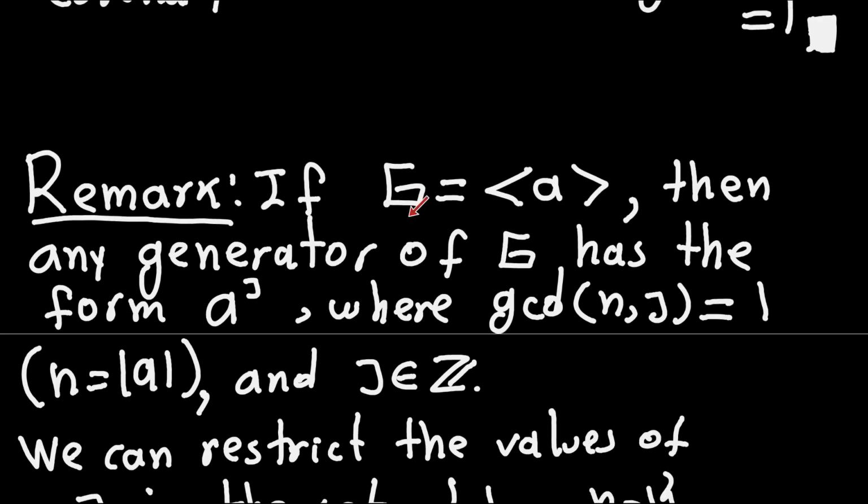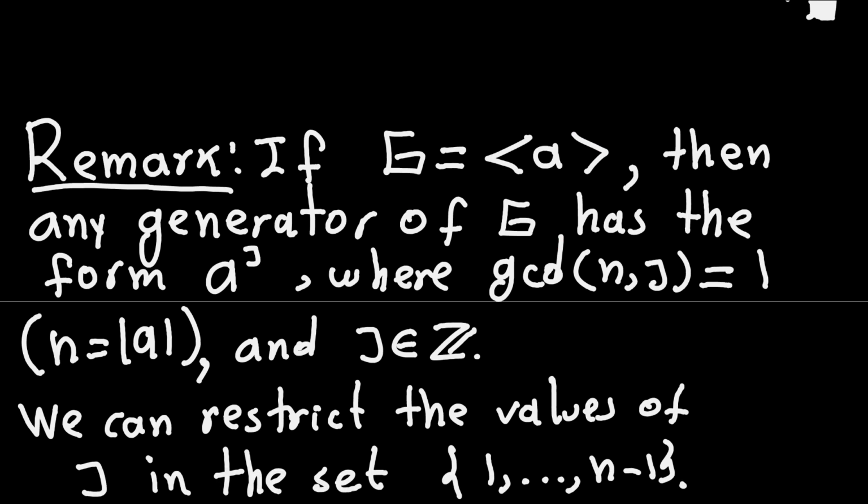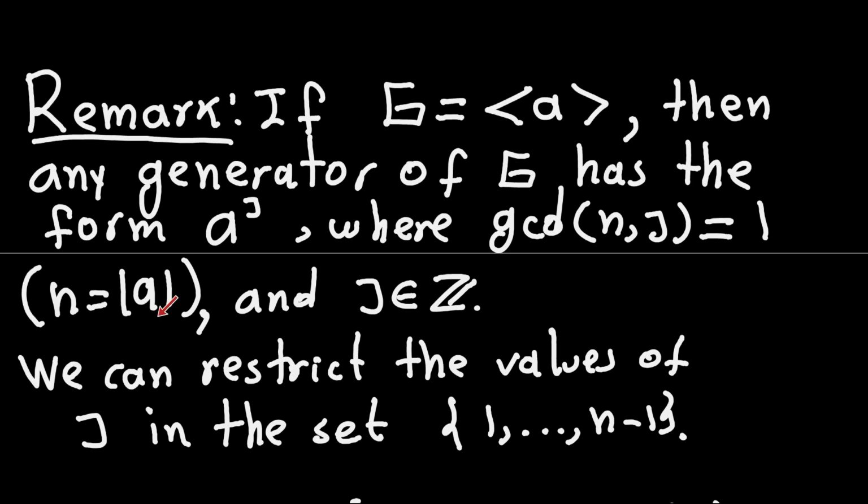So if you have a group that is cyclic, that is generated by a, and has order n, so a has order n, or the group G has order n, what the corollary says is that any generator has the form a to the j, where the GCD between n and j is 1, when n is the order of a, and j is an integer.